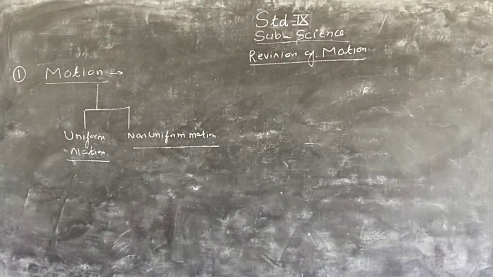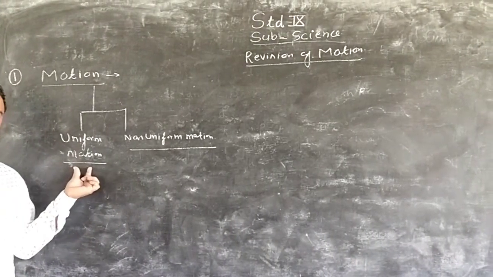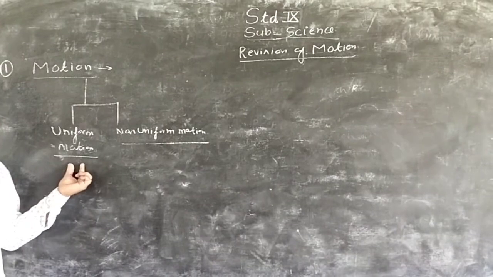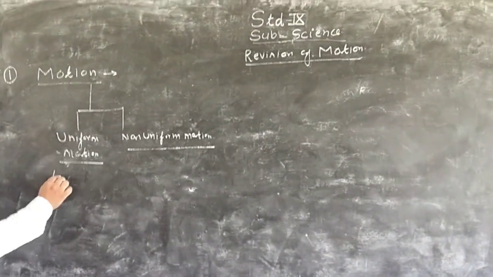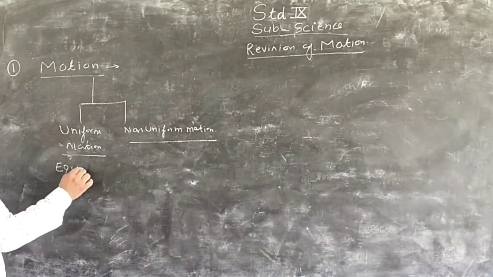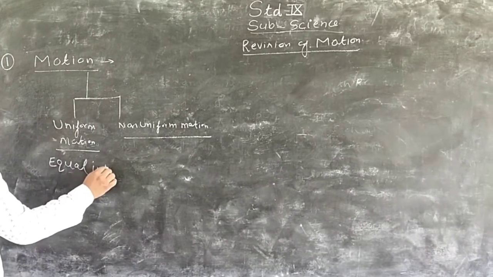Uniform motion is such a type of motion in which the particle covers equal distance in equal intervals of time. This is the definition.